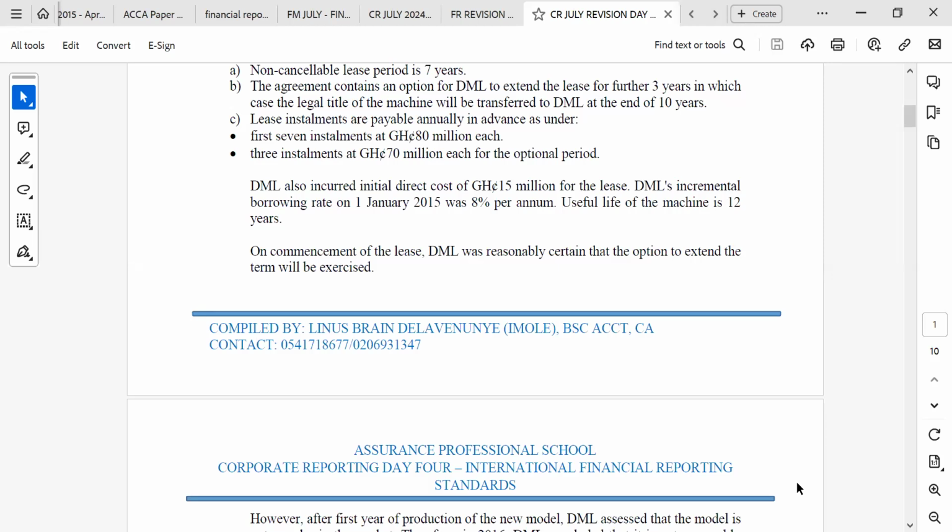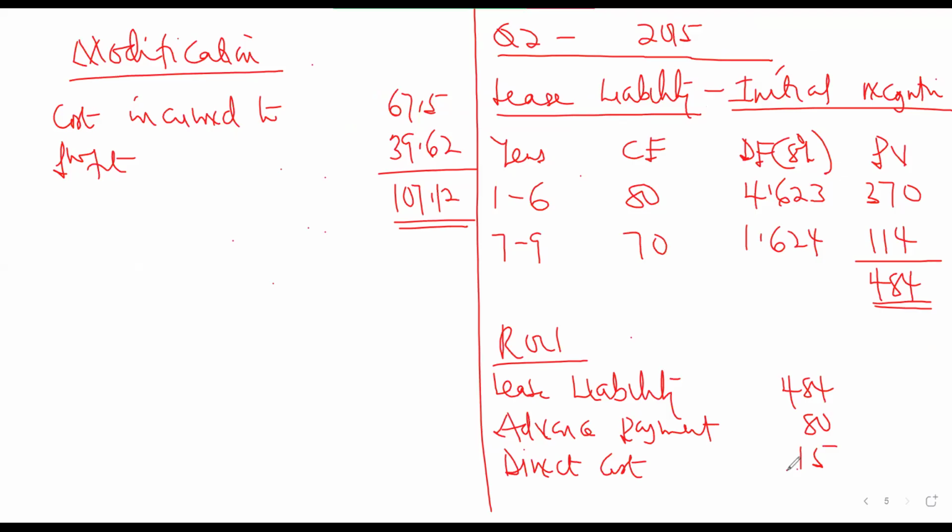That's 15 million. So what will be the right of use? 579. Okay, so this is the time that we are leasing the asset, initial recognition.